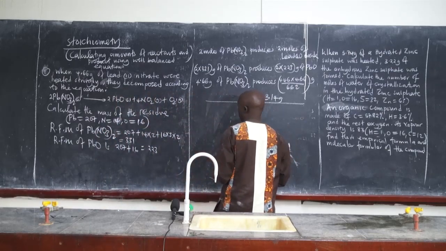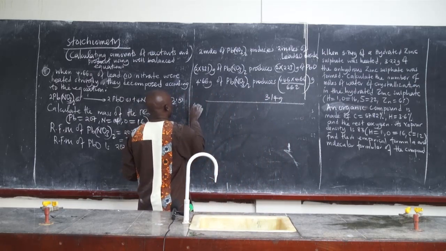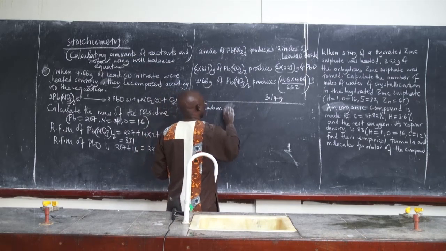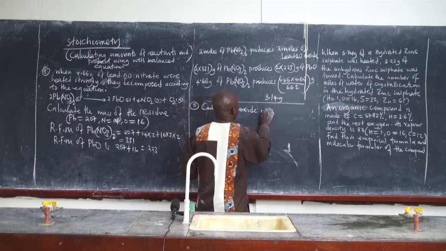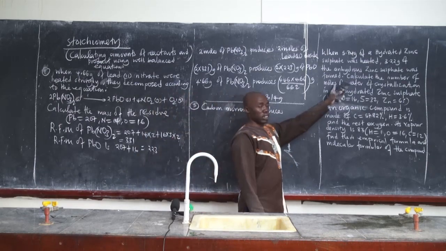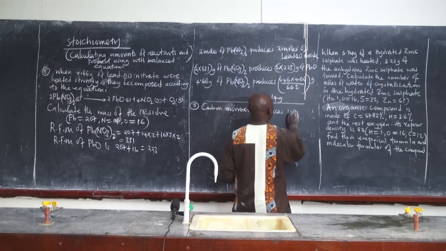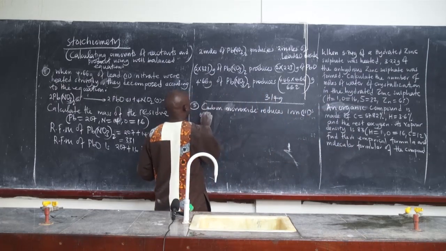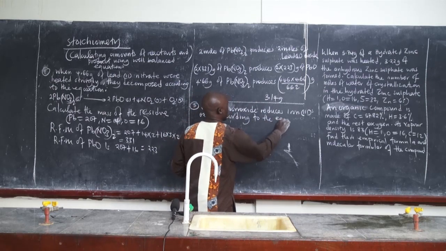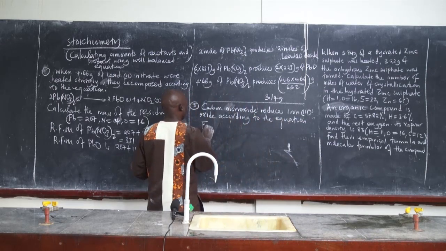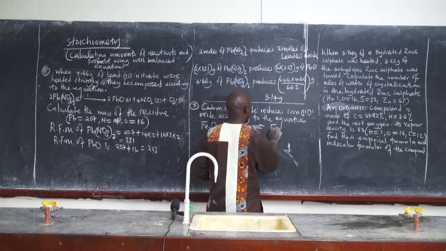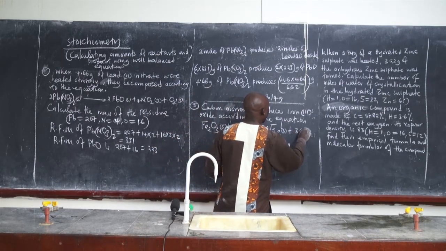So that's the mass of the residue. Now the question was like this: carbon monoxide reduces iron(III) oxide according to the equation, iron(III) oxide plus carbon monoxide gives iron plus carbon dioxide.